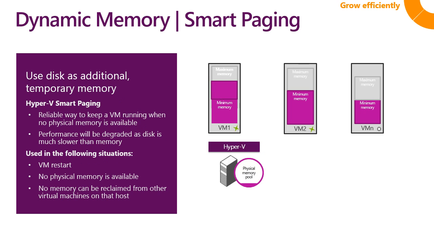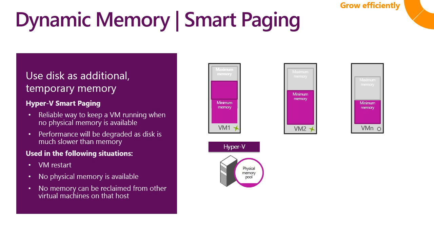Now, what we can also start doing is take advantage of smart paging. Smart paging has a specific use, where it will use a portion of storage on the physical media to emulate RAM in a very particular situation.